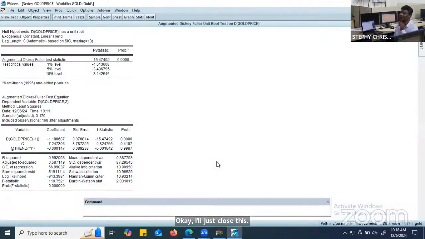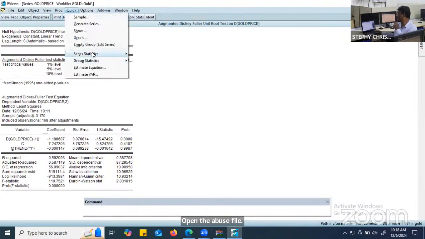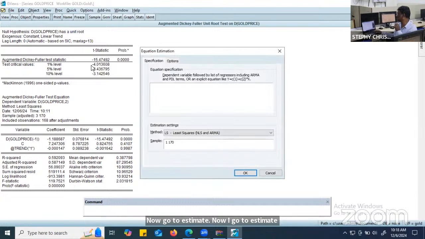Open the EViews file. Now go to Estimate to identify the appropriate AR. So what is the dependent variable? It's not gold price. It should be returns because that's the first difference data.